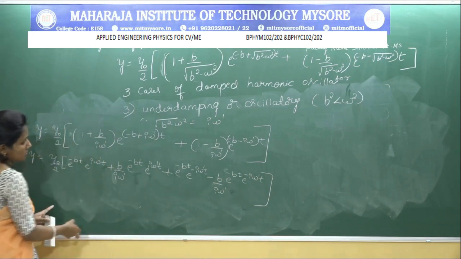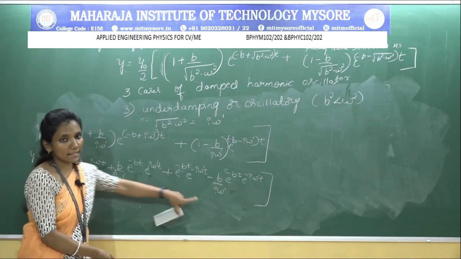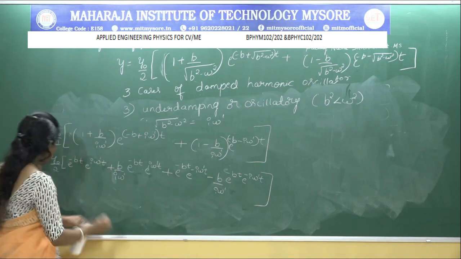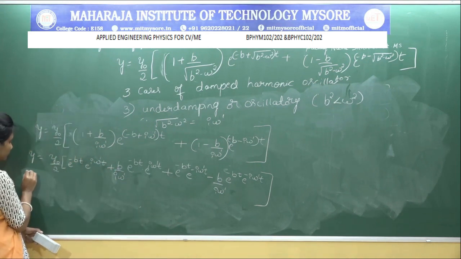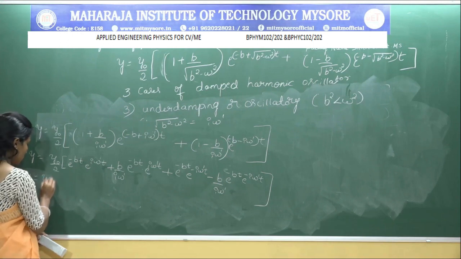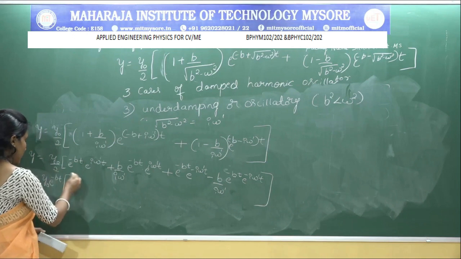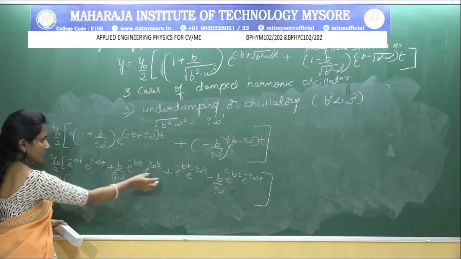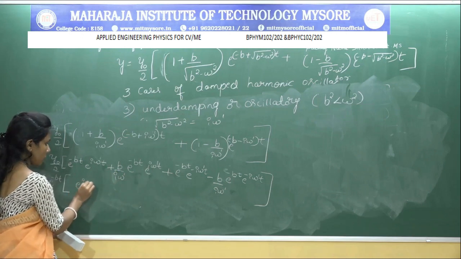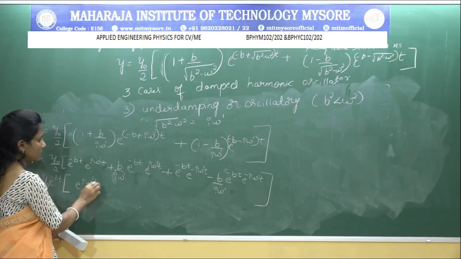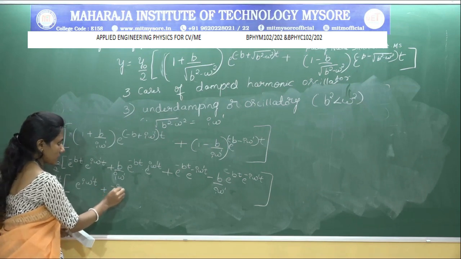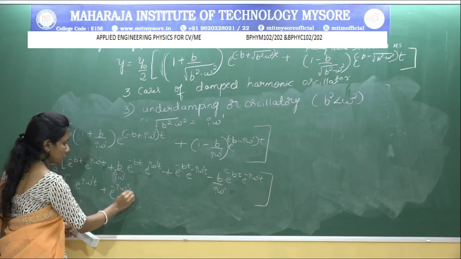So here, what is common, take it outside and write the rest in terms of it. Then we will get y is equal to y naught e to the power of minus bt, which is common, and write the common terms on one side, that is e to the power of i omega dash t plus e to the power of minus i omega dash t.